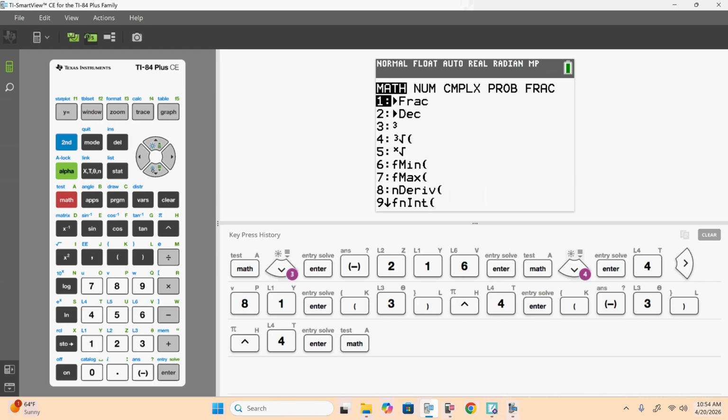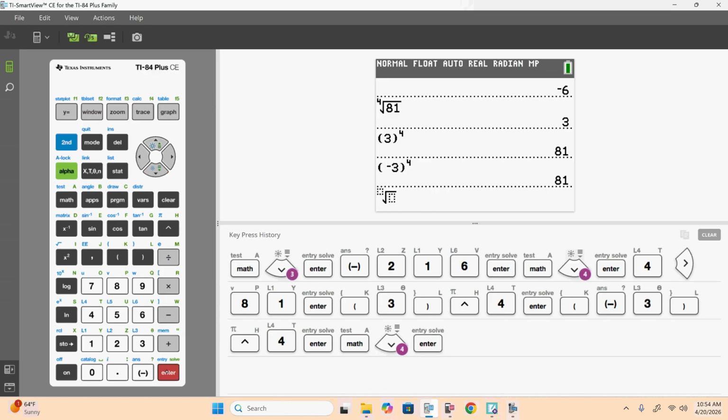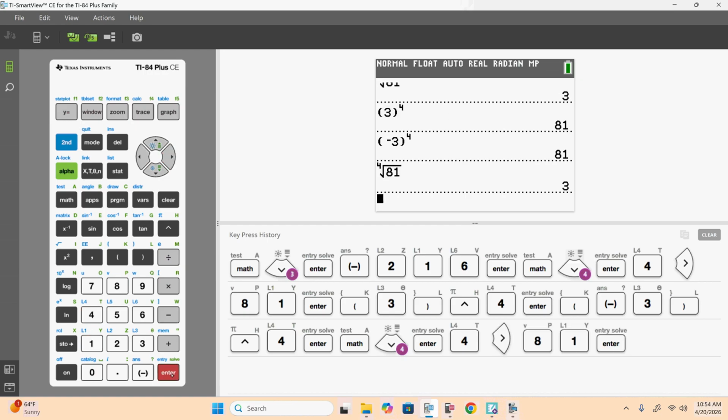So you still have that ANS. ANS is taking the previous answer and applying it to the root.